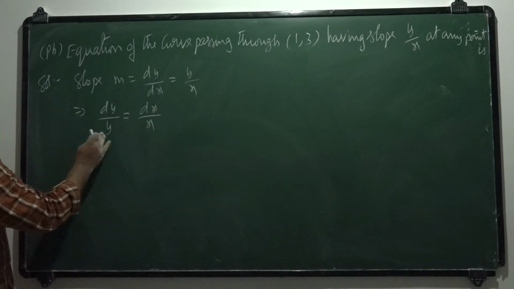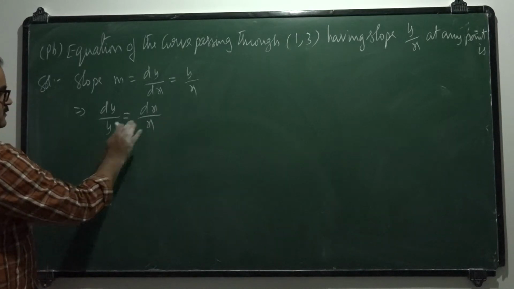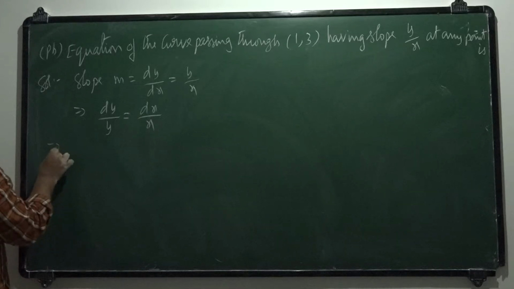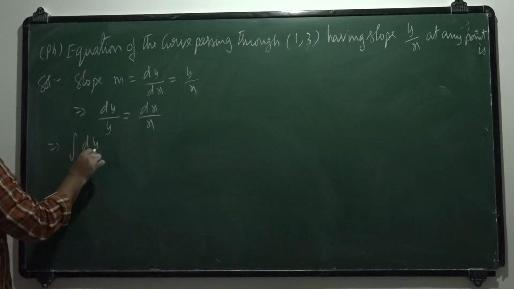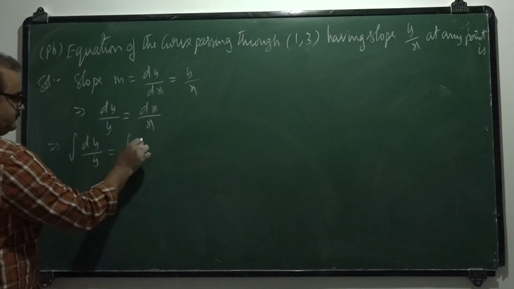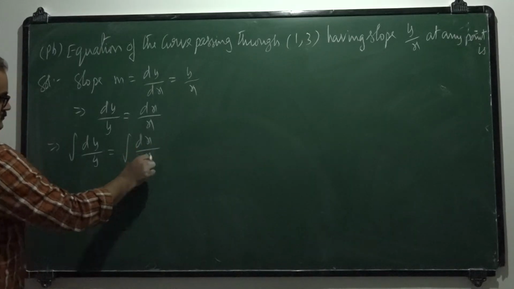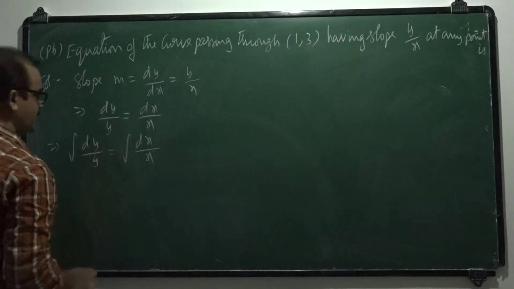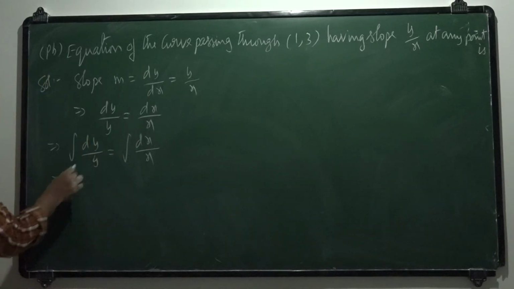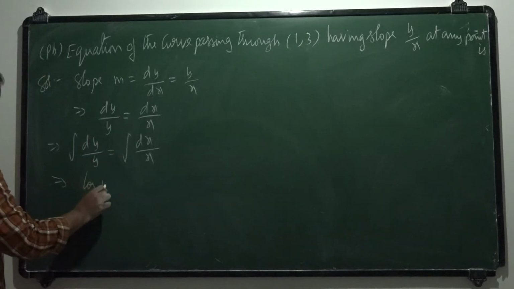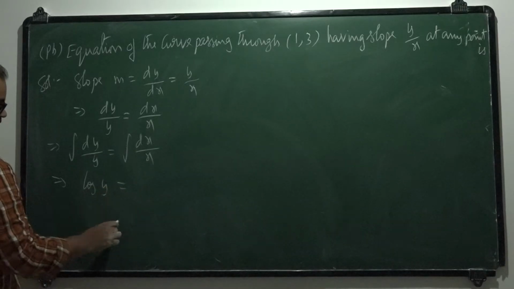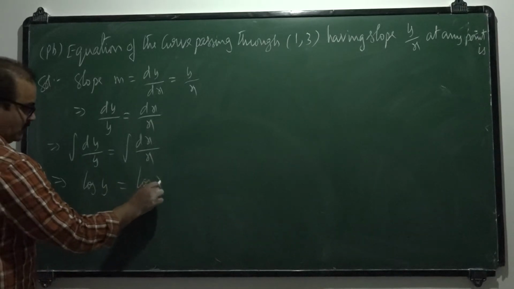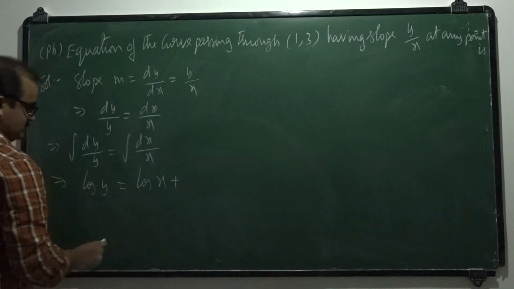Now, once the variables are separated, integrating both sides, integral dy by y is equal to integral dx by x. Integral dy by y is log y, equal to log x plus a constant.